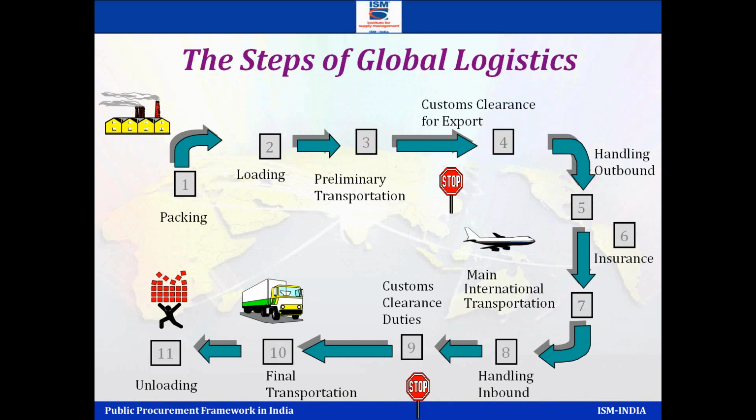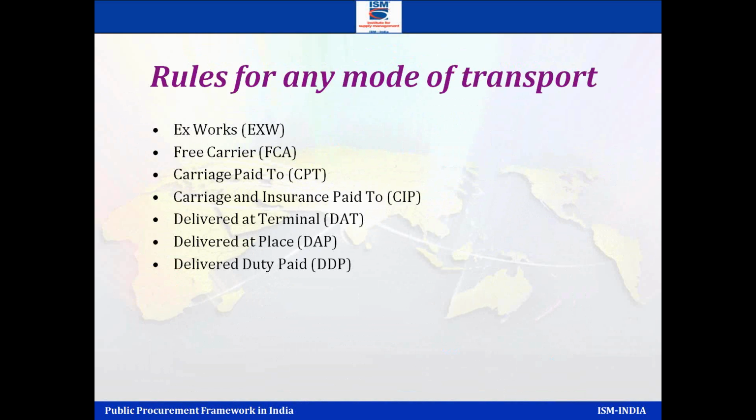Here it comes a little bit to the steps of the logistics part. Obviously you're doing packing, loading, transportation, customs clearance, handling outbound, insurance, main international transportation, customs clearance, and so on, from the exporting country to the country where it has reached. That shows you the complete steps of global logistics. I think this is good to know, and the Incoterms address most of this.